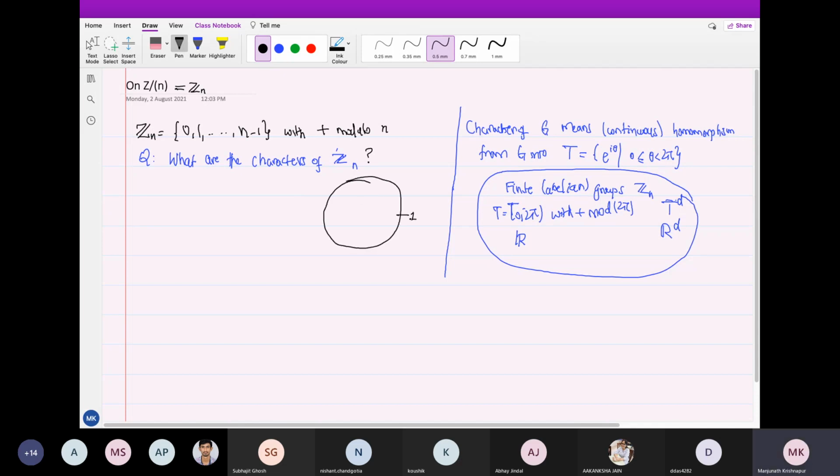So this is the circle group, and here is 1. So where can you send this 1? Okay, so let F be a homomorphism.